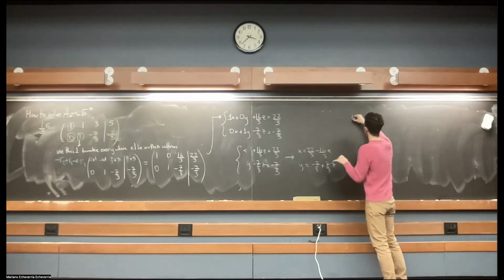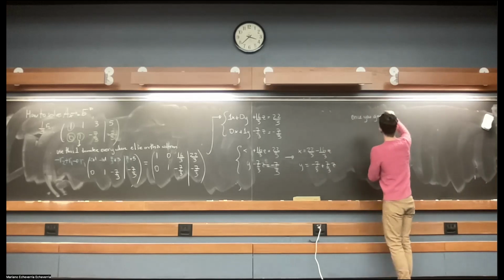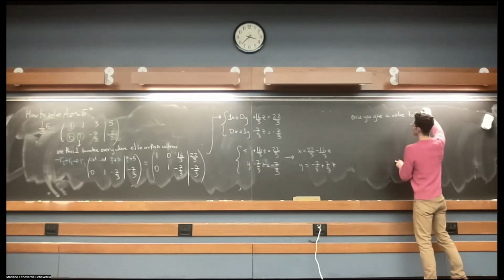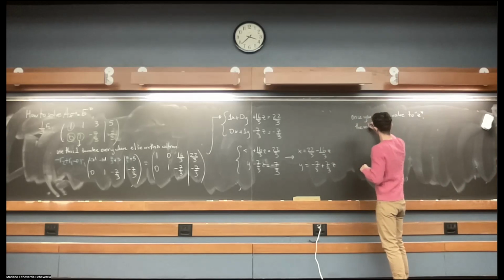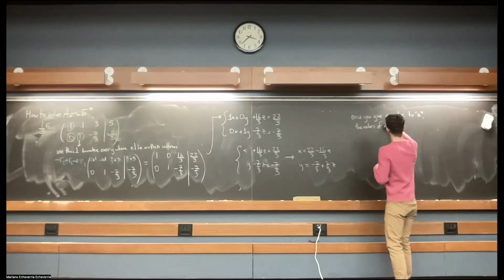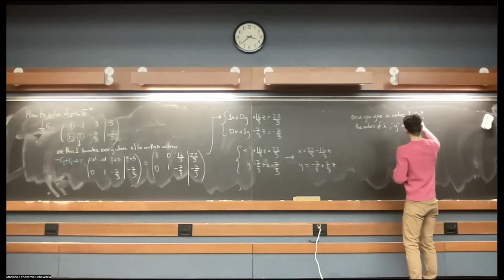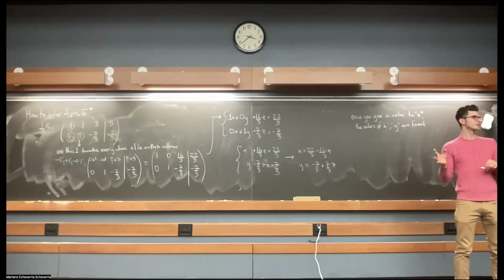Once you give a value to z, the values of x and y are fixed. So how many values can you give to z?